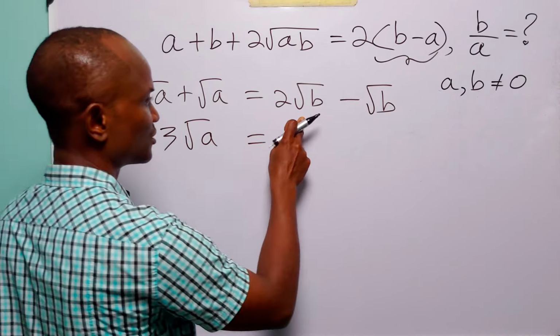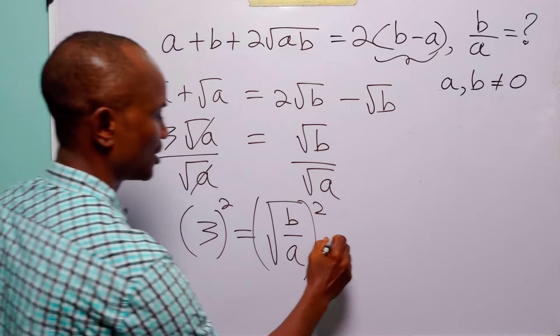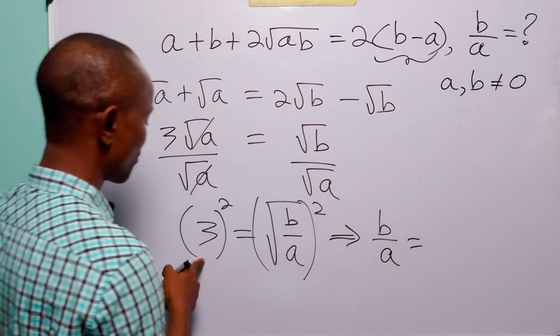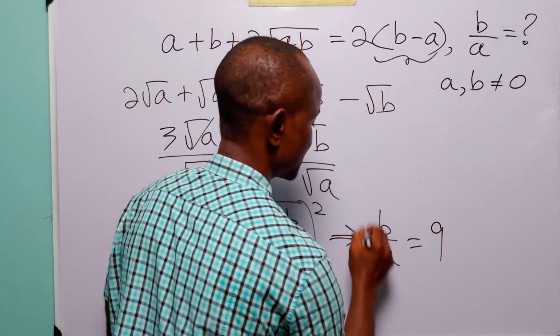Now we divide both sides of this equation by root a. This takes care of that, and we have that 3 is equal to root b over a. To find b over a, we simply square both sides of this equation. When we do that, we have that b over a is equal to 3 squared, which is 9.